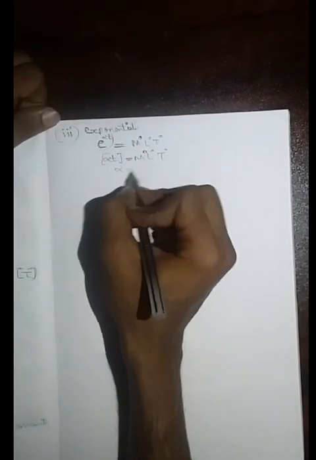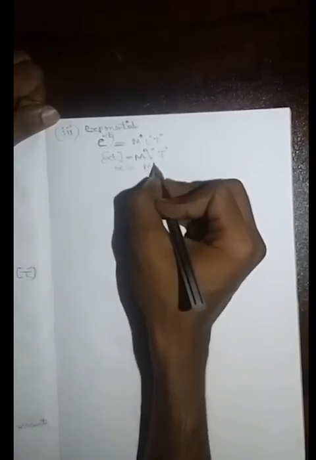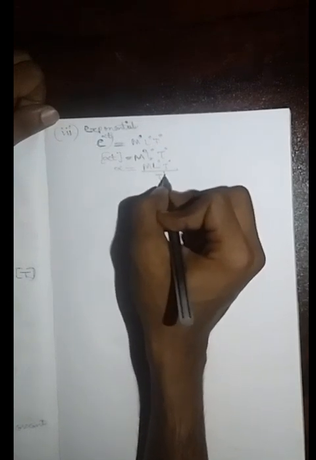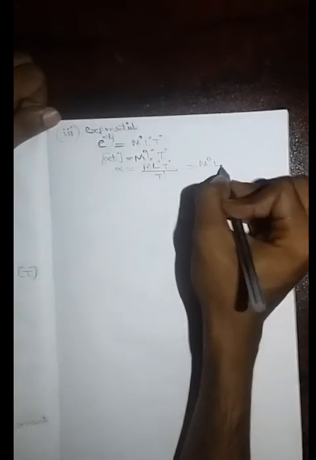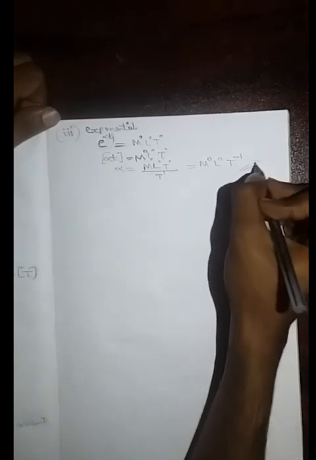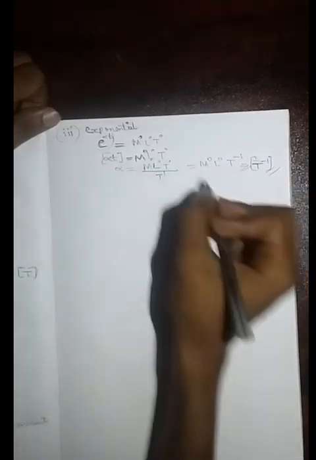To find alpha, we follow the same procedure of finding the dimensional equation. T is time, so alpha is T power minus 1. So T power minus 1 is the dimensional equation of alpha.